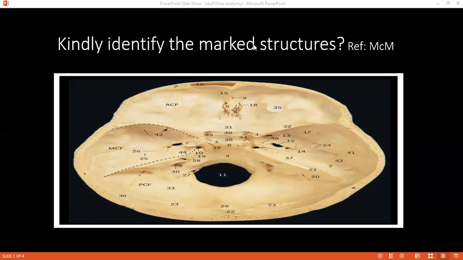Very good. Okay, what is the name of the structure that forms the clivus? It's formed by the body of the sphenoid bone. Spheno-occipital, yeah. No, sphenoid. Okay, right.